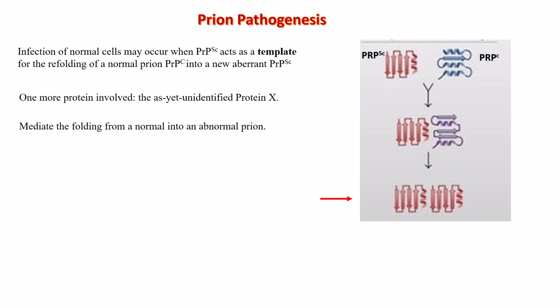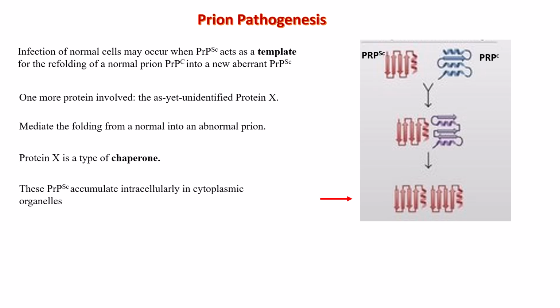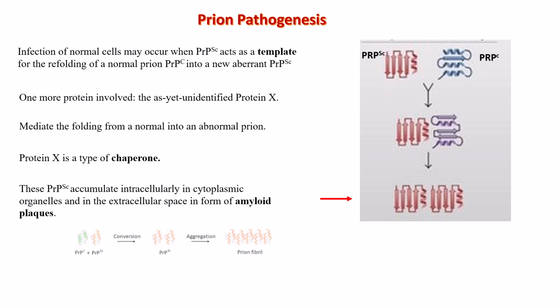It has been hypothesized that protein X is a type of chaperone protein. These PRP-SC accumulate intracellularly in cytoplasmic organelles and in the extracellular space in the form of amyloid plaques.